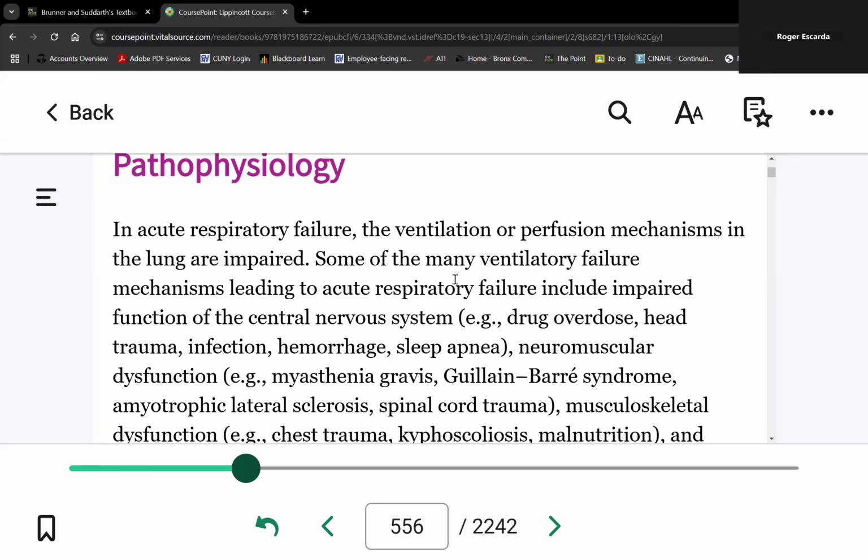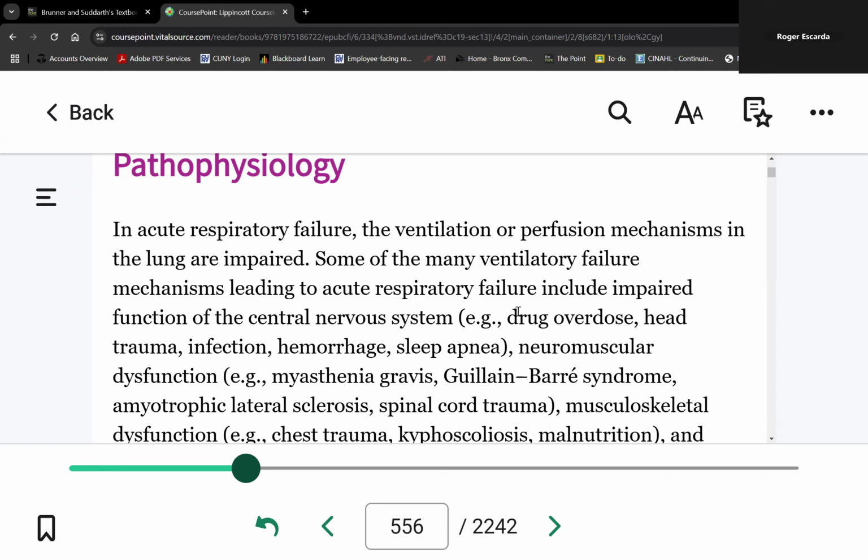So there's pulmonary and there's also non-pulmonary causes. All you need to look at is how does it affect the patient's pulmonary system? Does it affect the oxygenation or does it affect the ventilation? So those are two different matters, right? Yeah. So here are a few examples.